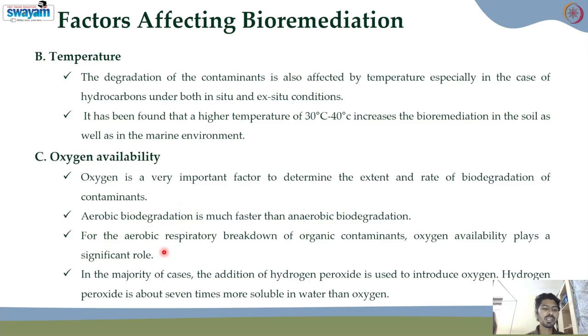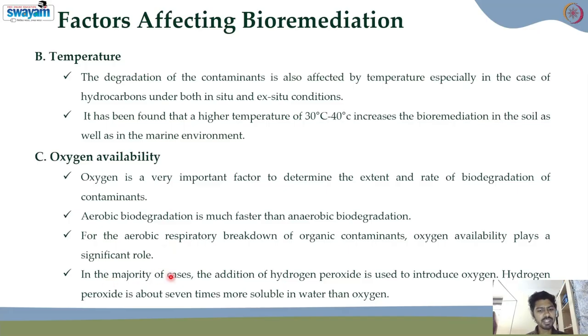If you look at the aerobic respiratory breakdown of organic contaminants, oxygen is the key factor in determining the rate and extent of biodegradation. Whereas in the anaerobic mode of degradation, we have other options like nitrates and sulfates, which act as electron acceptors to extend the rate of degradation.